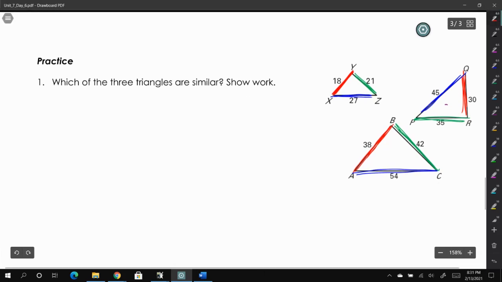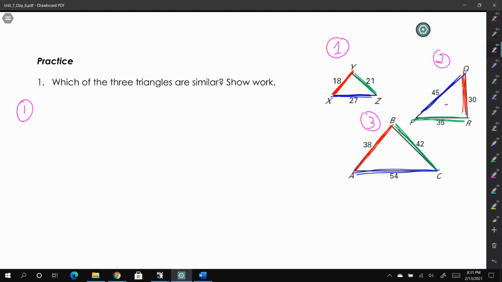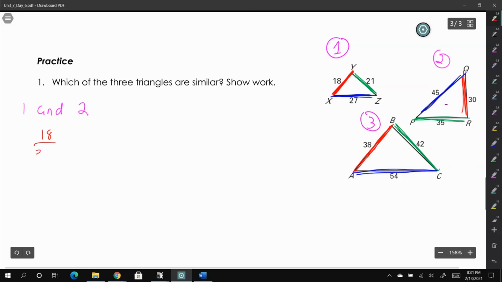So I'm going to work with triangle 1, 2, and 3. So first 1 and 2. So 18 over 30, that needs to be equal to 21 over 35.